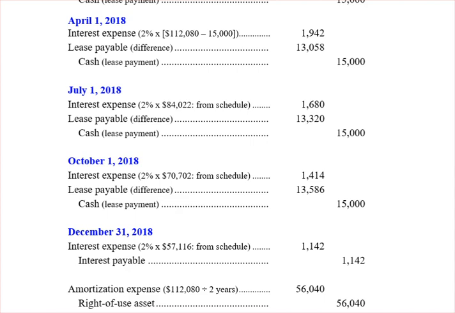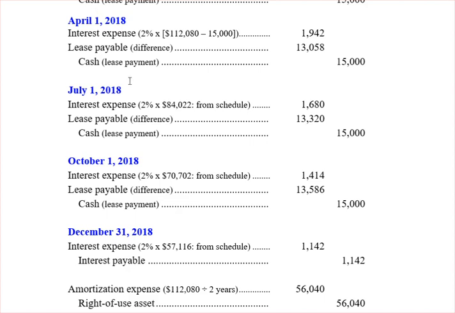This was not an operating lease, right? Because we said 100% of the fair value. So there's no need for us to do an adjustment here, which takes the amount of lease payable and calls it amortization expense.